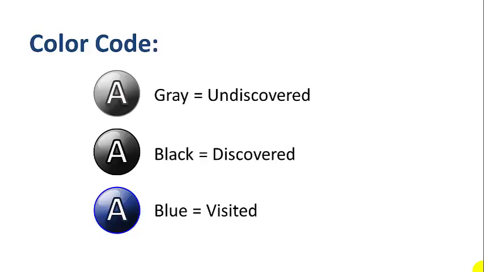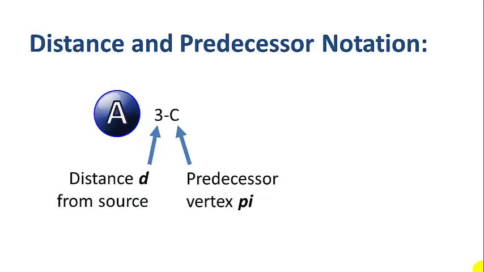And for our color, we're going to have gray to indicate undiscovered, black to indicate discovered vertices, and blue means visited and finished. And then our notation, the left value next to a vertex is going to indicate the distance from the source, and the right value indicates the predecessor vertex.